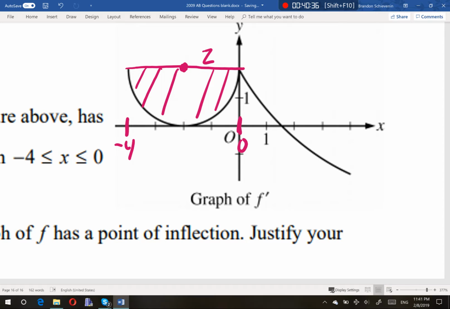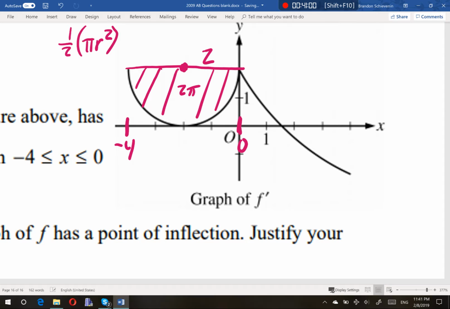Pi r squared is the area for a whole circle. I have half a circle, so this is 1/2 of pi r squared. If my radius is 2, then this is 1/2 of pi times 2 squared, which is 4. So 1/2 of 4 pi is 2 pi.